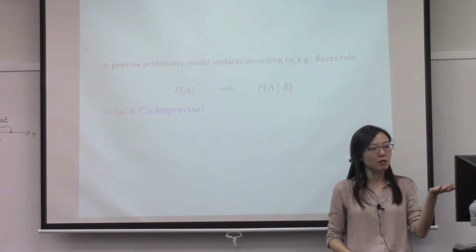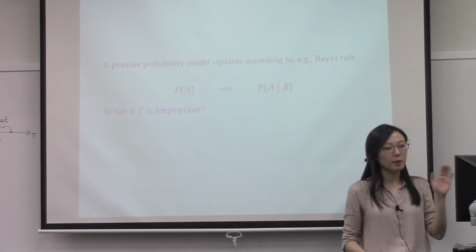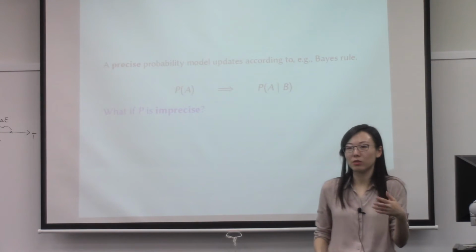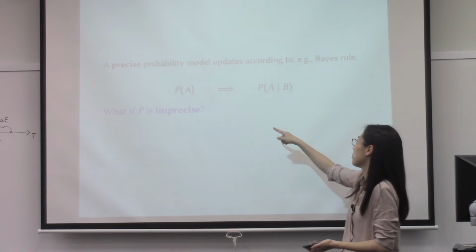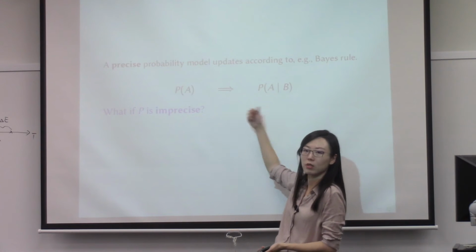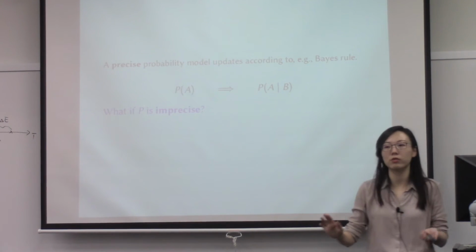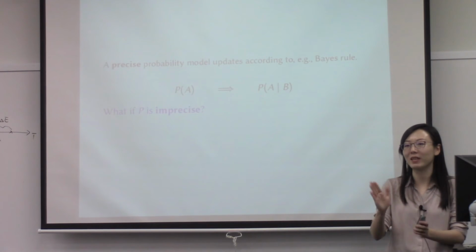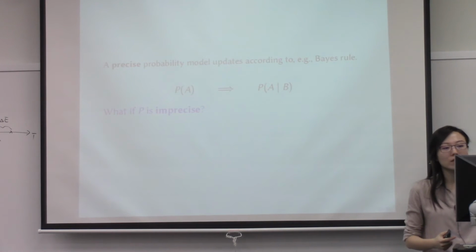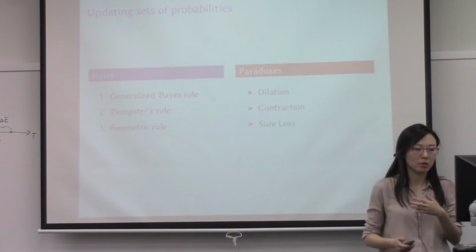So I'd like to talk about the challenge that lies in updating a set of probabilities. When things are precise, we could just use the Bayes rule to go from the prior to the posterior or from the marginal to the conditional, either way that you like to see this. There's no debate. You don't even have to be a Bayesian to do Bayes rule. That's just conditional probability, right? This is all fine. But when P is imprecise, this becomes something that's maybe subject to debate.